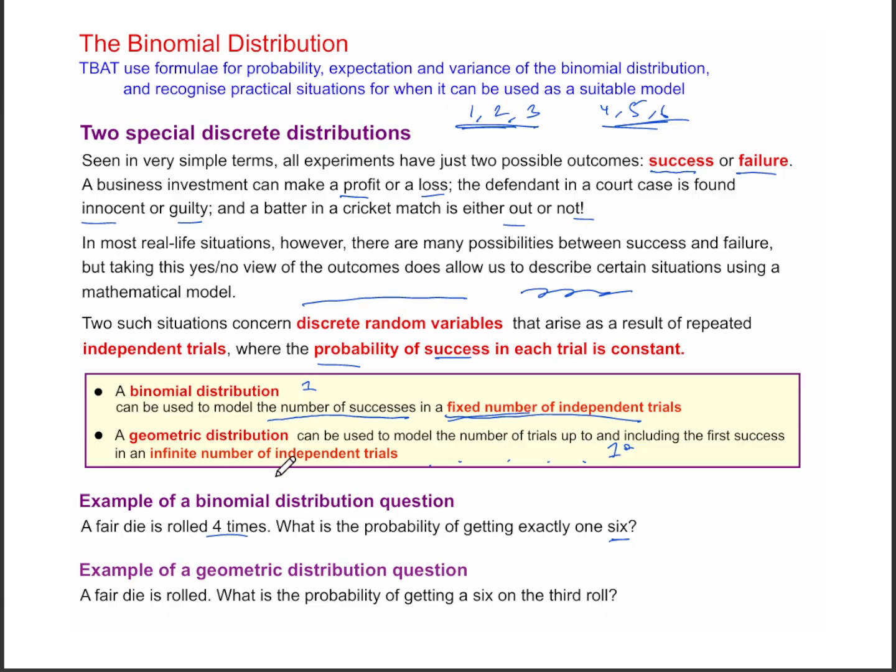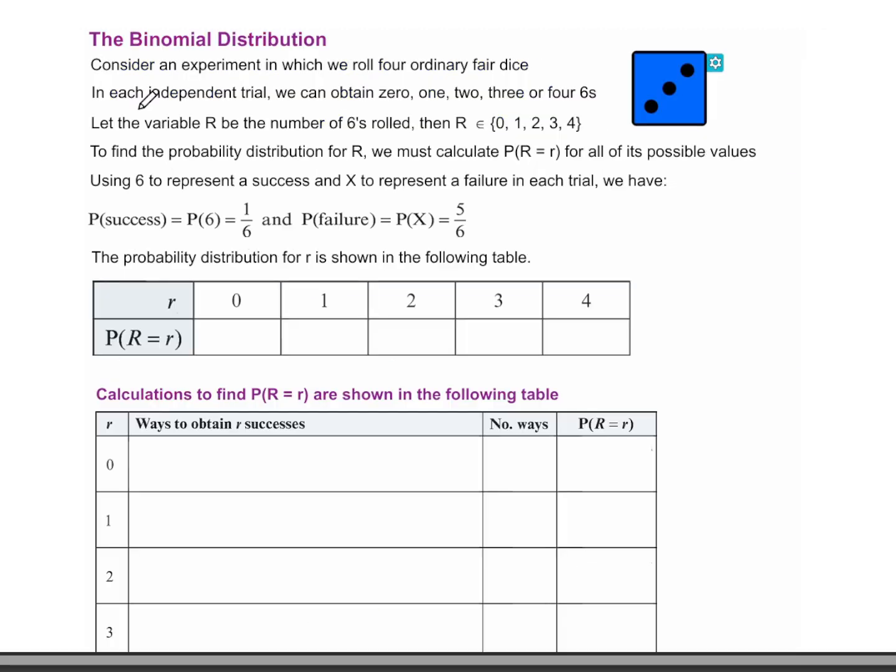On the other hand, in geometric distribution, it would be written like this. A fair die is rolled. There is no fixed number of trials. It can be infinite. Then you're asking, what's the probability of getting your 6 on the third roll? So you want your first one to be a failure, your second one to be a failure, your third one to be a success, which is getting a 6. That is what geometric distribution is.